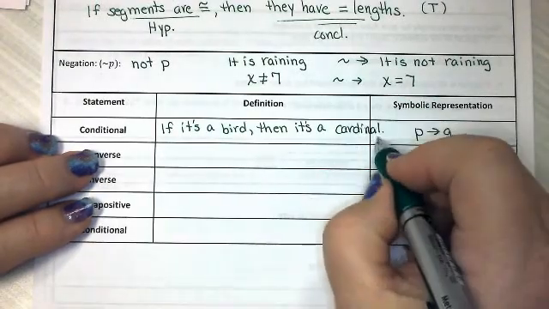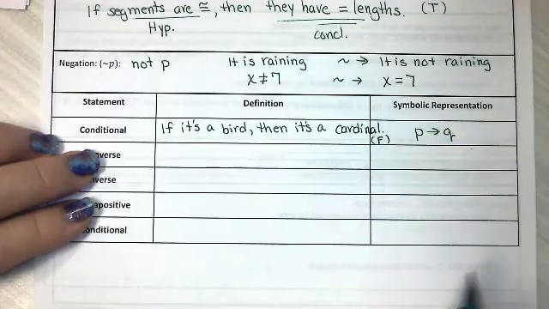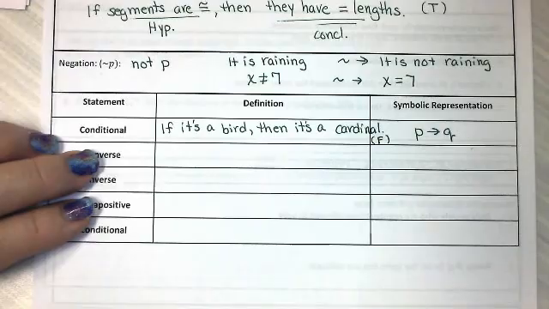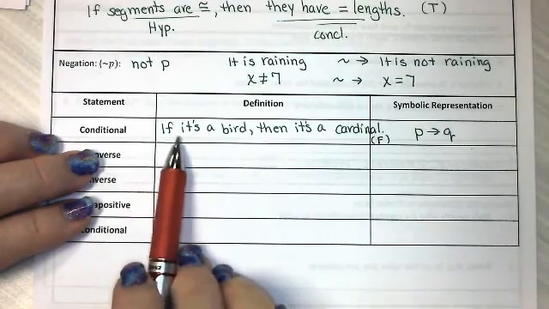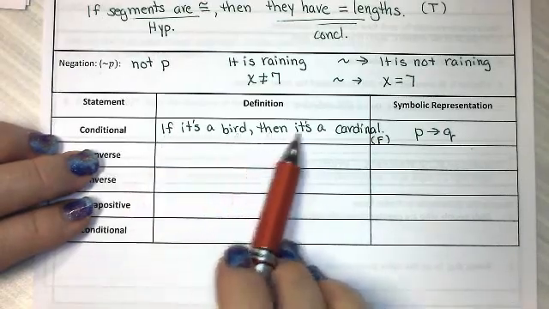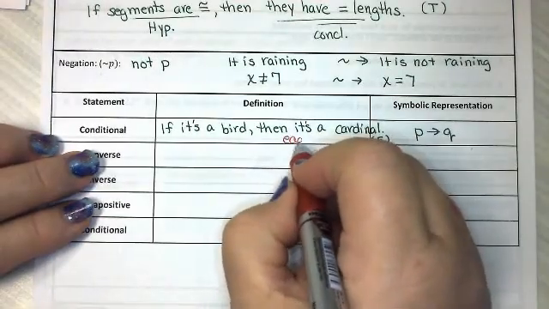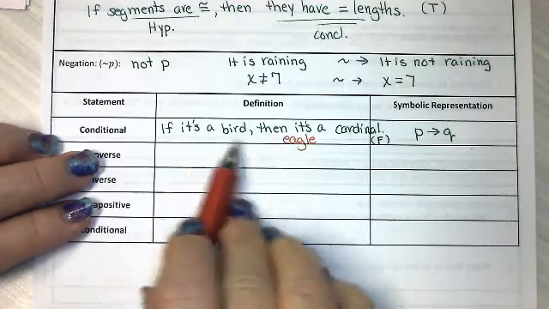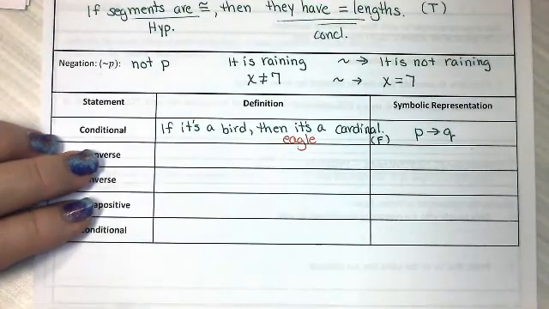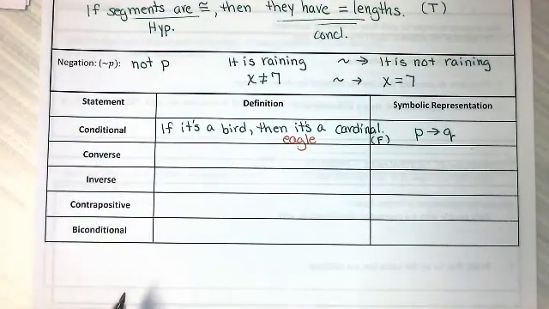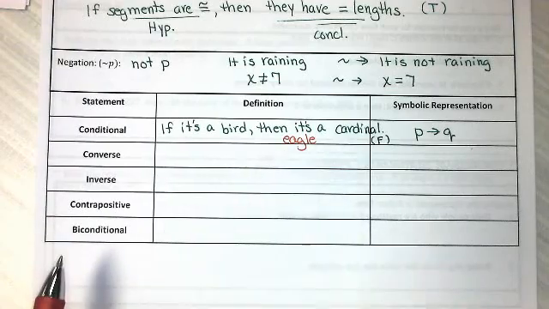So if a statement is false, then we're able to give a counterexample. Your counterexample to this one might be, give me something that's a bird, but not a cardinal. So my counterexample would be eagle. Eagle's a bird, but it's not a cardinal. So you could list any number of birds that aren't cardinals.